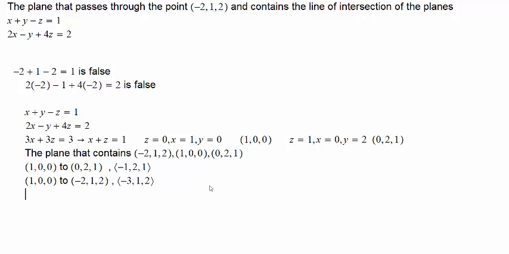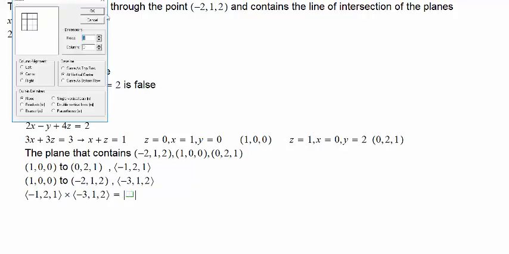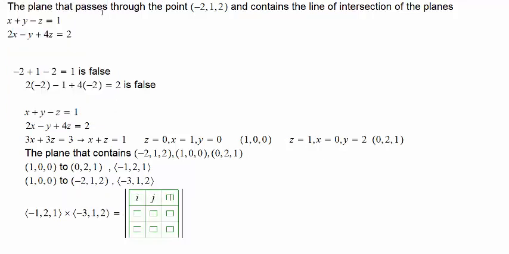So what we would do now is find the cross product of these two vectors, right? So here we go. We have this determinant: negative 1, 2, 1, and then negative 3, 1, 2, right?